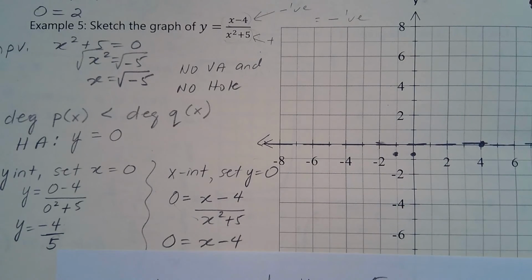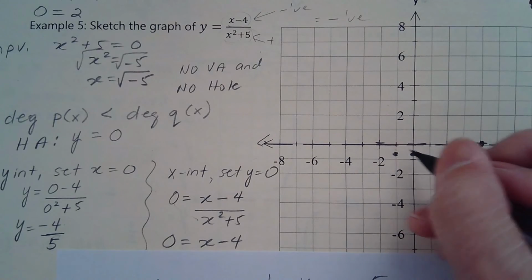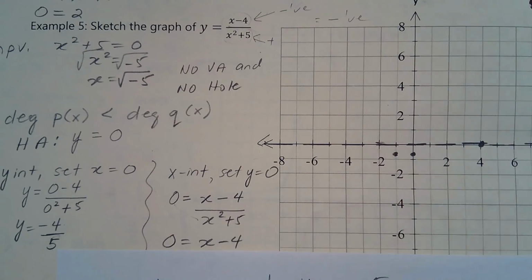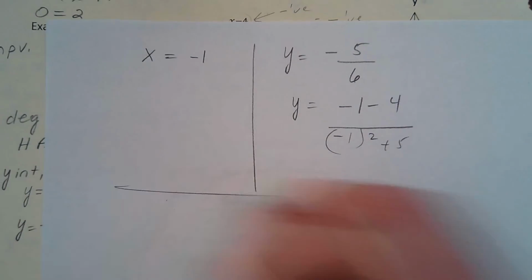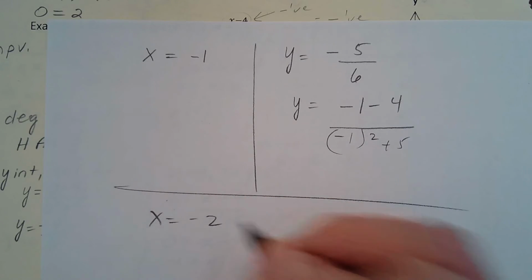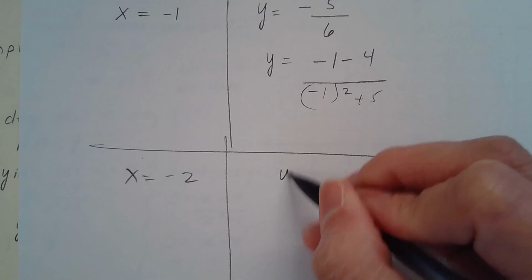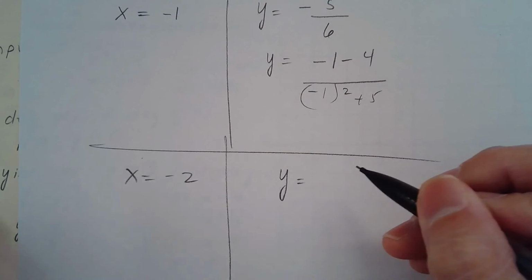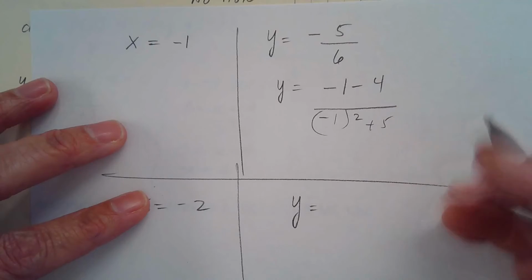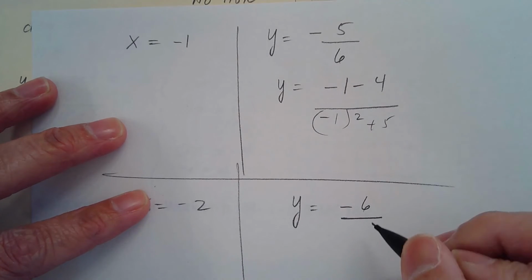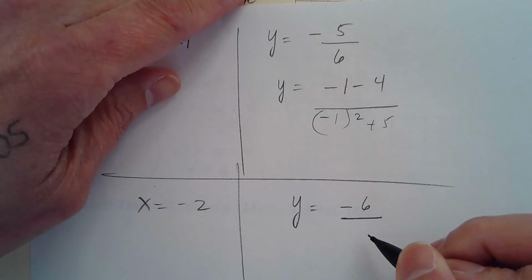Okay. What if it's -2? What would it be? What if x is -2? -6 over 9. Yeah.